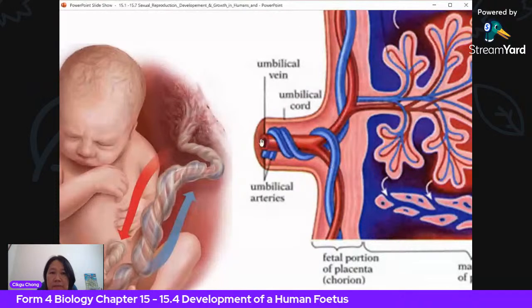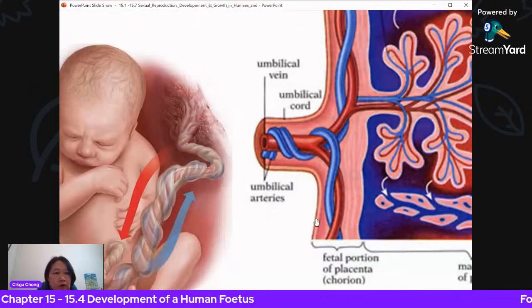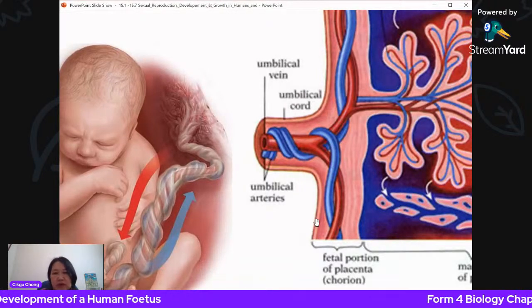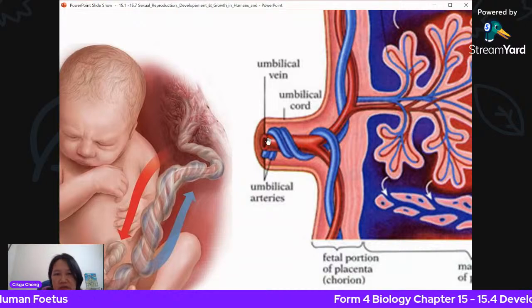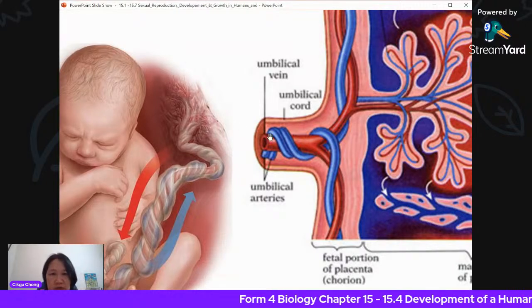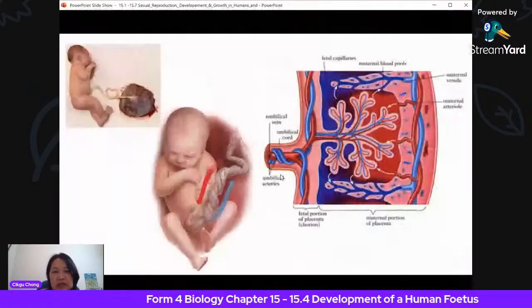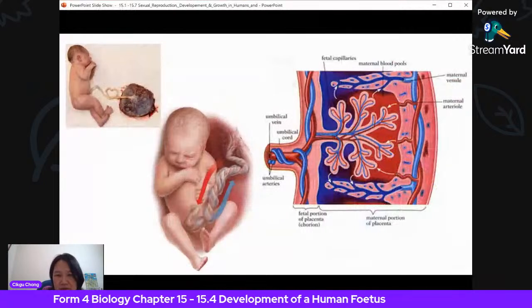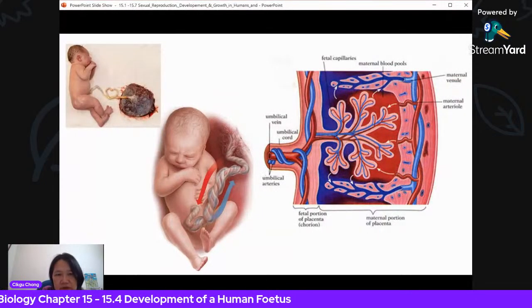Okay, so the red one is actually delivering the blood, let me draw this here. The umbilical vein is going to the baby.